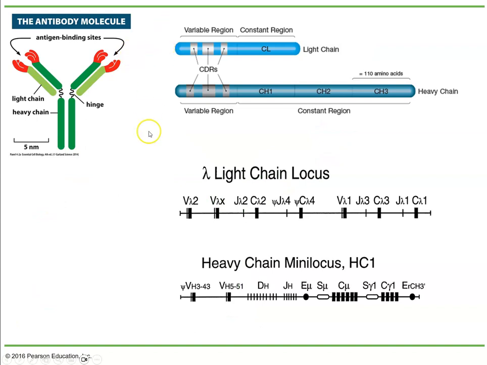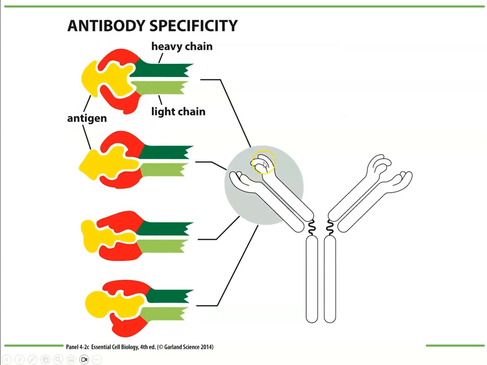If you want to learn more about this process, I would recommend taking immunology with Dr. Smith. But long story short, we can use some recombination of the sequencing that we have for our different light and heavy chains, and we can recombine these in various different ways to make different antigen binding sites, so that the different recombination will provide different structures that can receive different types of antigens, and that's going to give us our immune system essentially.